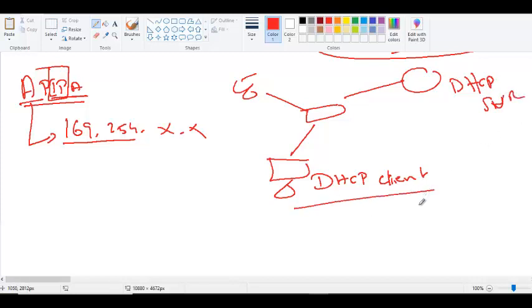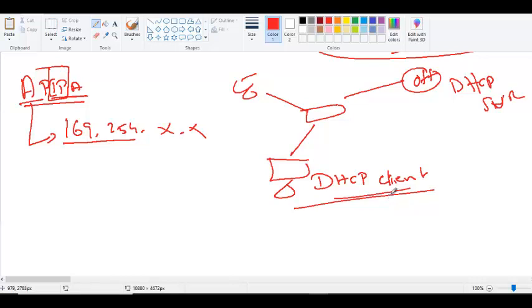Unfortunately, I am not able to see any server. The client tried its best to discover the DHCP server and request an address, but it didn't find a DHCP server. So it generates this address starting with 169.254, and this can be any number.